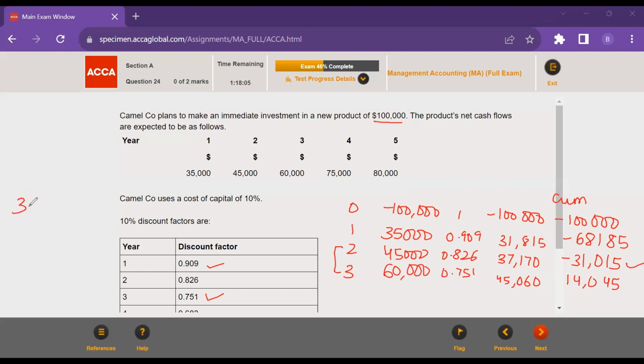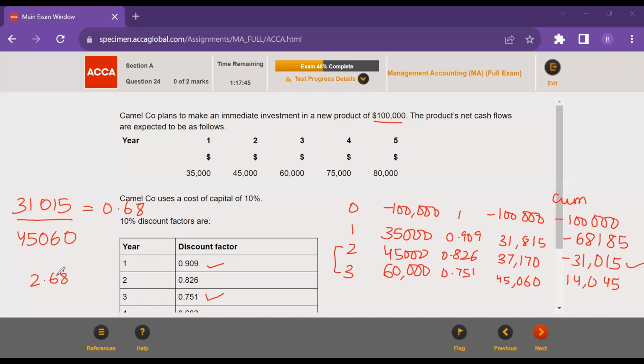So this was the money that we needed more in the third year. And how much is the total that we are earning in this year? It is 45,060. So I can say that I needed 0.68 of this year more. So I can say that my payback is nothing but 2.68.